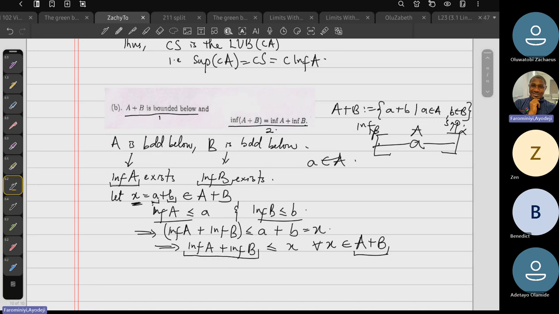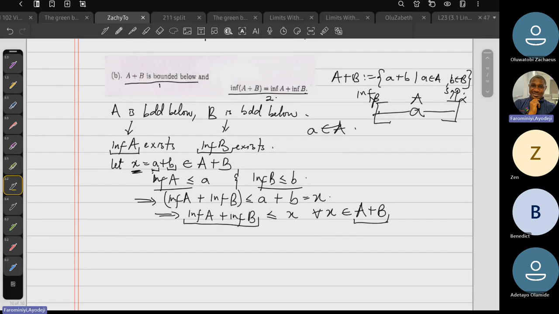The infimum of A plus the infimum of B, not individually, but their addition, from what we have written now, this implies that the infimum of A plus the infimum of B is a lower bound of A plus B. Does that make sense?